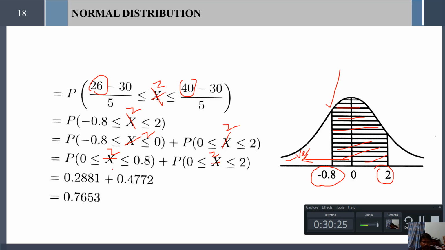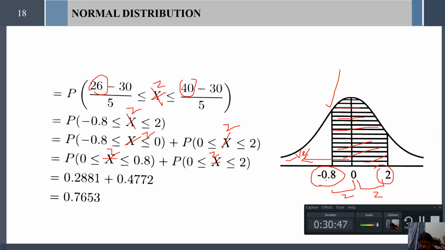Now, as I already told you, when solving problems under the normal distribution and when you use the normal table, you should always touch the origin. Therefore z lies between these two areas plus z lies between these two areas.